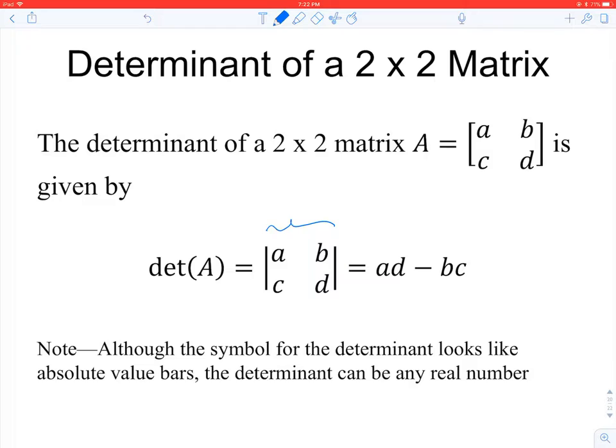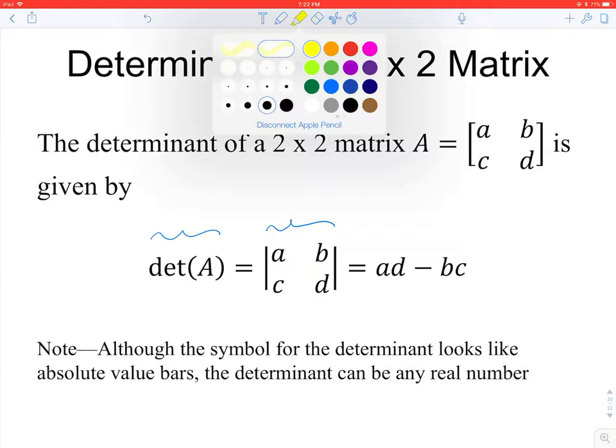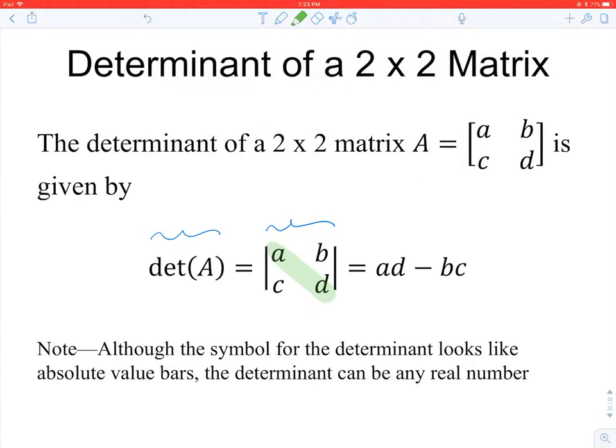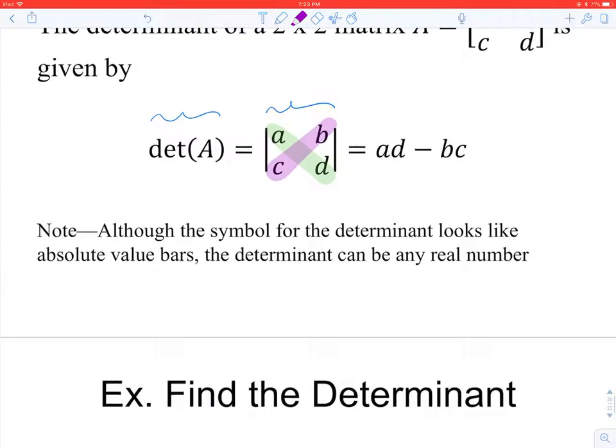So here is the notation for determinant. It means the same thing as this. You can see the elements of matrix A in that second notation. And to find the determinant, you're going to do A times D minus B times C. So the product of the first diagonal minus the product of the second diagonal.